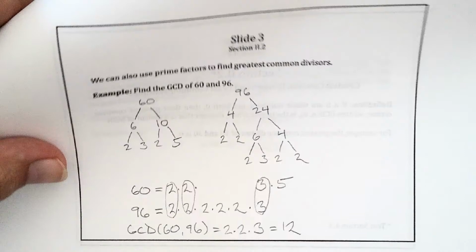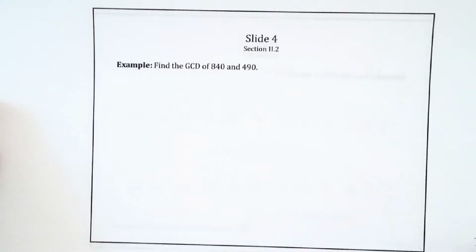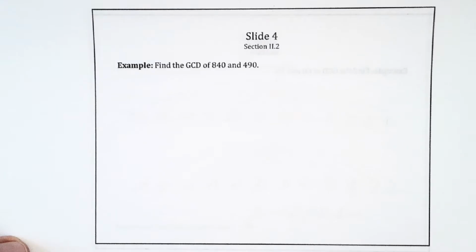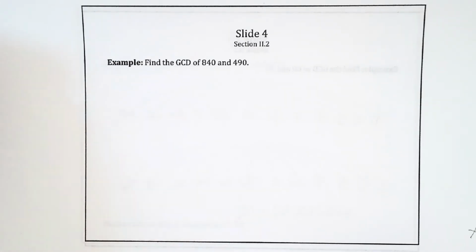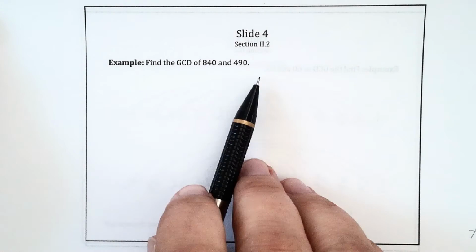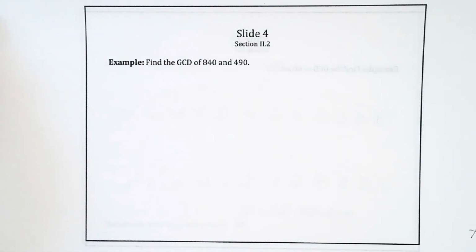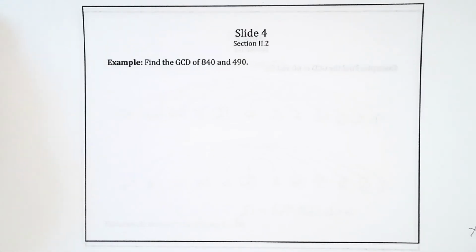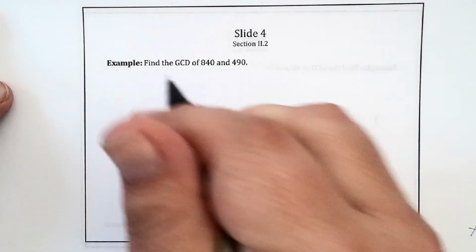Let's try this same idea for another pair of numbers, 840 and 490. These two numbers, it would probably take a while to make a rainbow diagram for them. And the diagram would probably be too long for us to want to do that. So instead of doing that, let's make factor trees and use the prime factors.